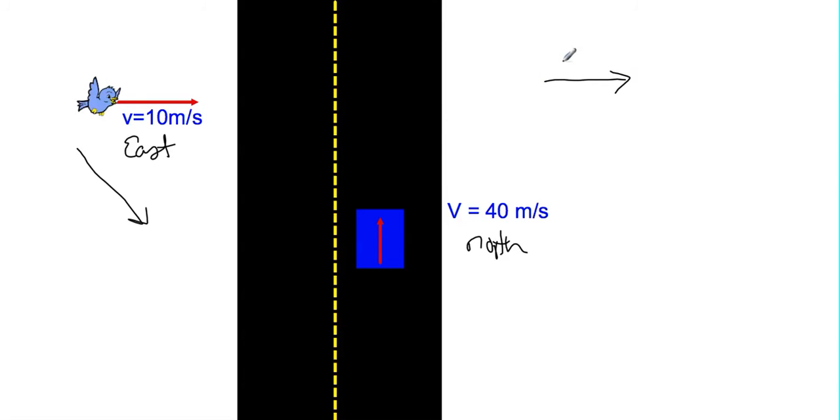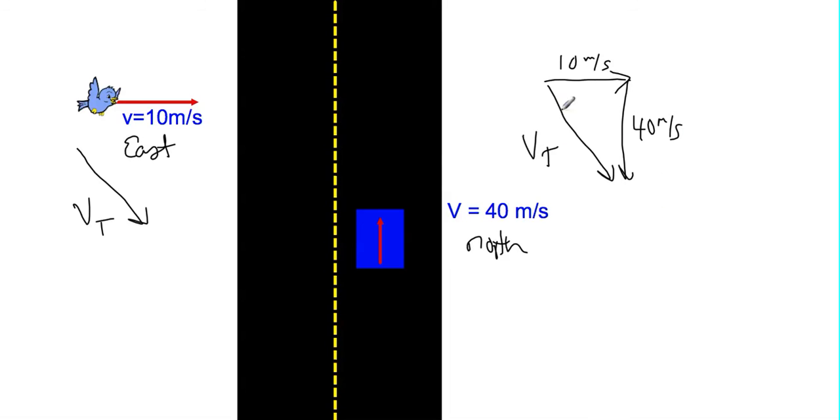So we would have 10 meters per second going this way, and because the bird's approaching us, it would be approaching us at a speed that's equal to our car speed in the y-plane of 40 meters per second, making this total velocity here be the total. That was what we were talking about before. This car notices this bird coming at it with a speed in that direction, going down into the right, or going to the southeast.